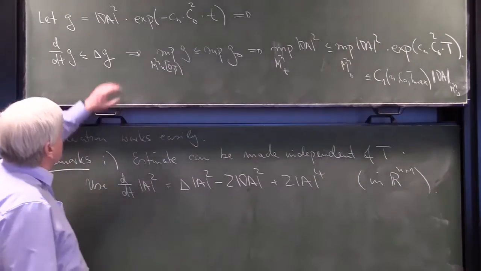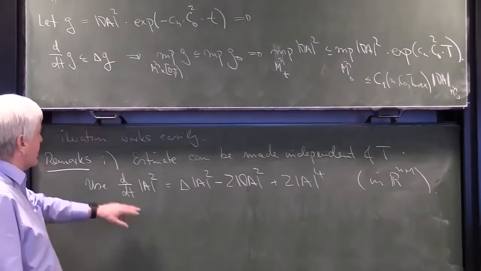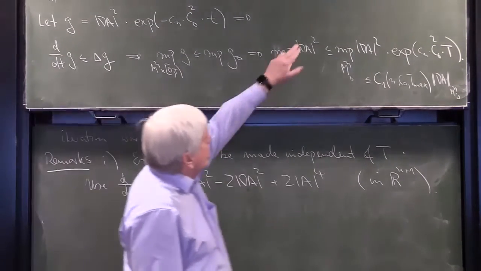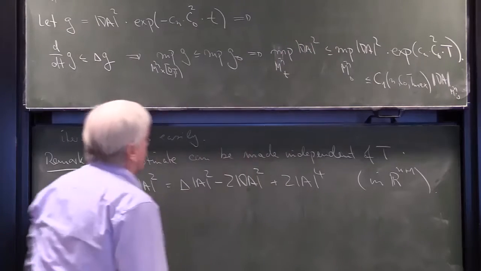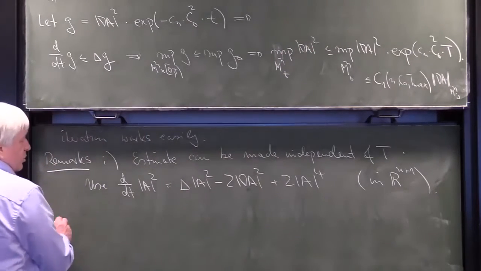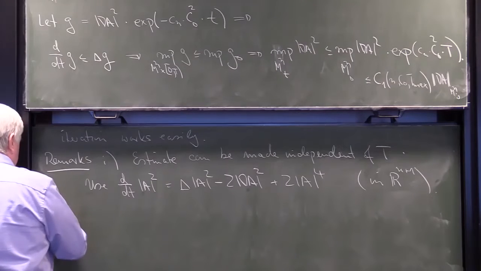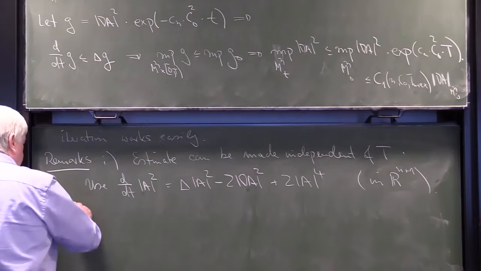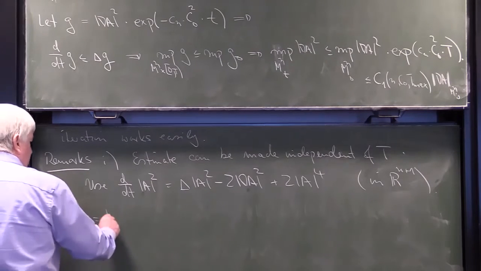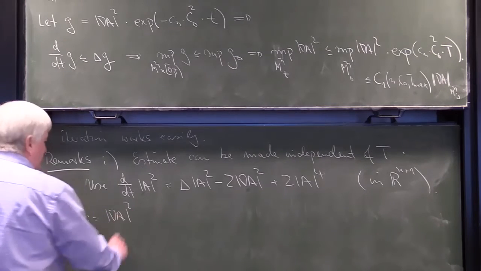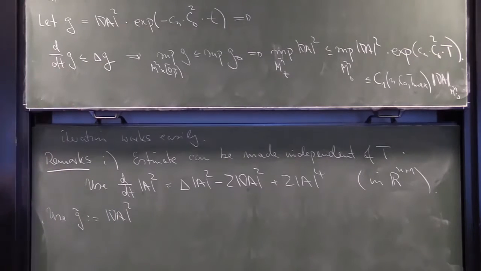Also, rather than taking this exponential, we could have added enough of this equation to that equation to kill this bad term. So we could have used G tilde, which is gradient A squared, rather than multiplying with this time-dependent function.